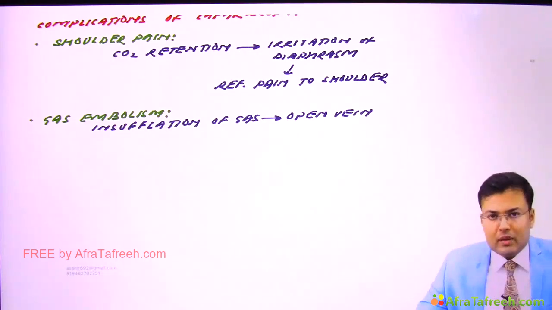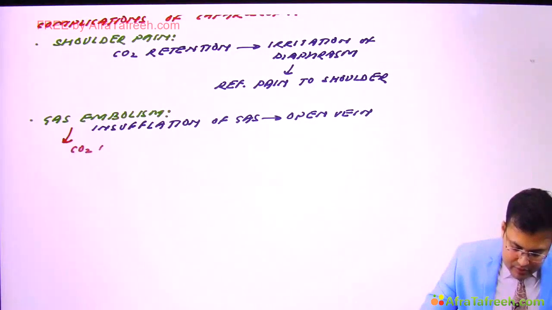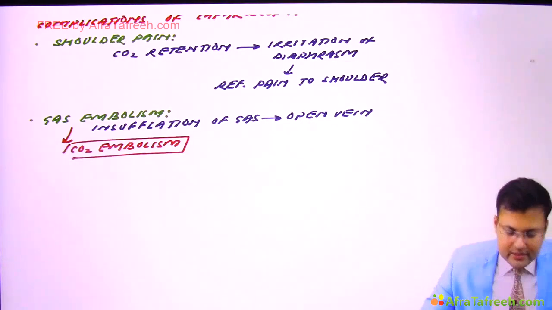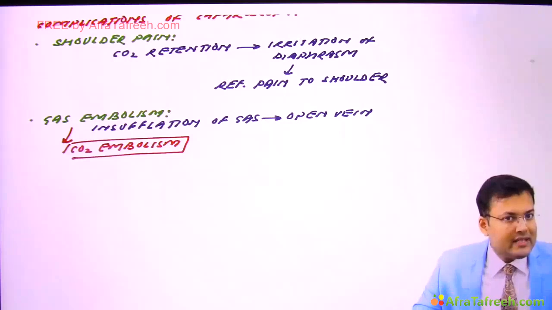What is the most commonly used gas? Carbon dioxide, and that's why it is also known as CO2 embolism. So via the vein, CO2 is going into the systemic circulation, and then there is pulmonary excretion.